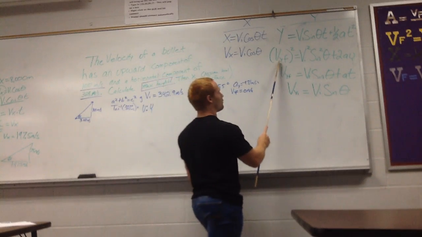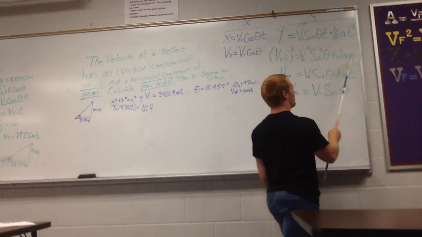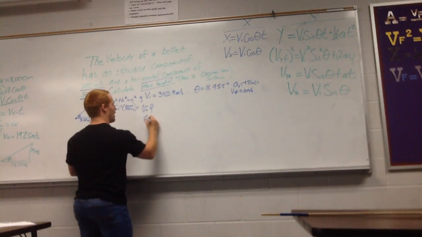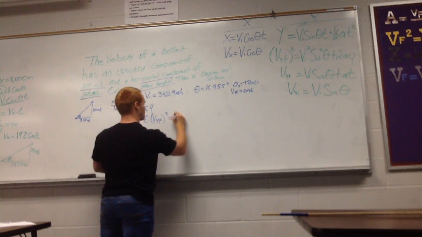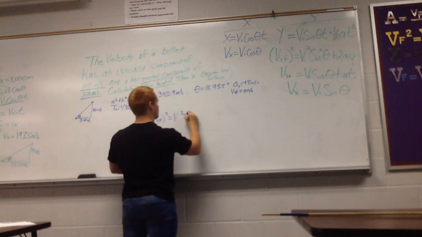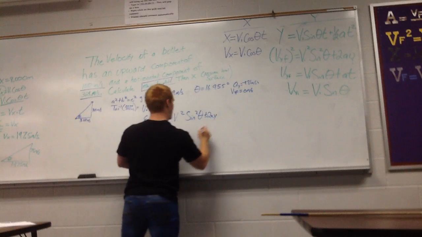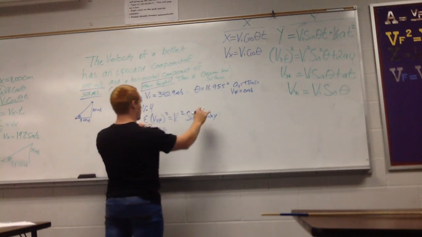Next one, VYF. We know it. At max height is 0. We know VI sine theta. We know A. We can solve for y. So we're going to use that equation to solve for y. To get y by itself, we're going to subtract and divide.